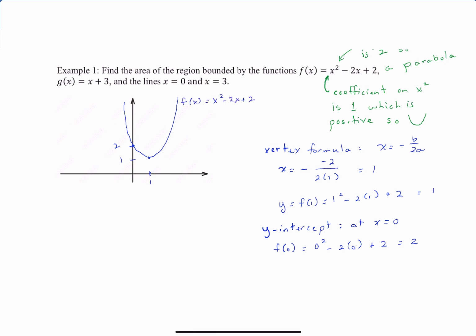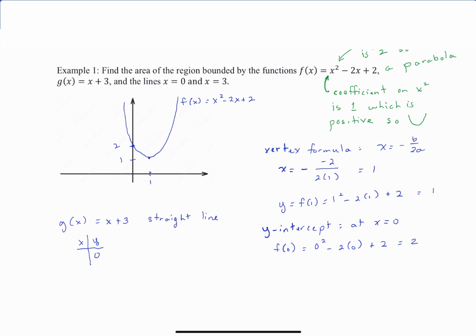For g of x, that's a linear function. That's going to be a straight line. I know that because there's no exponent on the x. I'm going to graph this by finding the x and y intercepts. For the x-intercept, y would be 0.